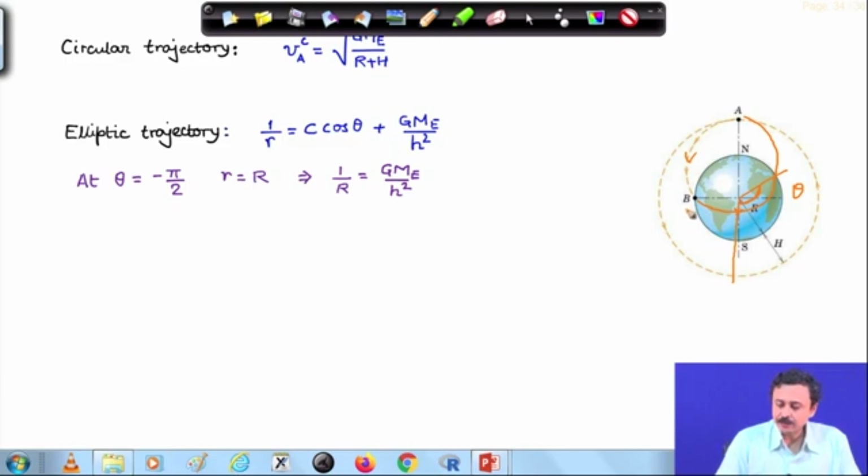If it is to land at B, that angle I can say is minus pi by 2, because the line from the center of the earth to B makes minus 90 degrees with the line of the perigee. Theta is being measured positive in the counterclockwise direction. That is how the satellite is moving.